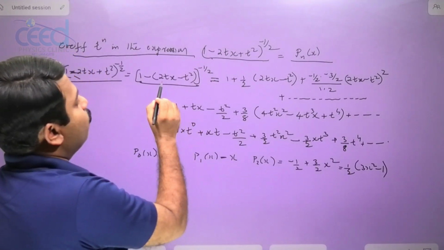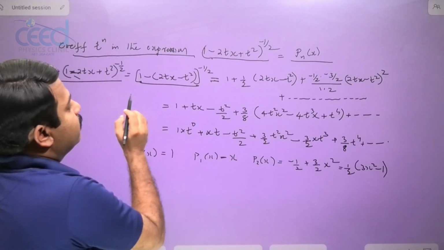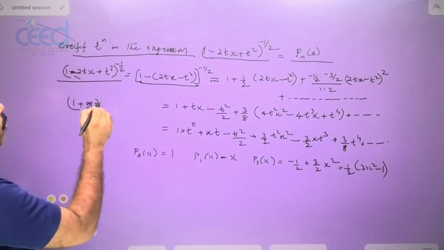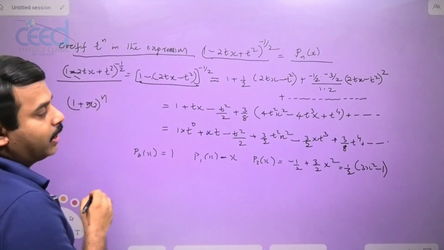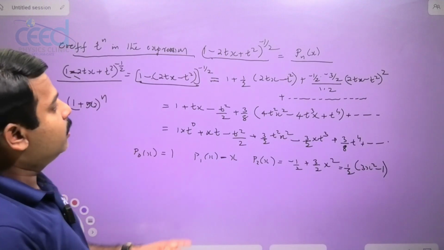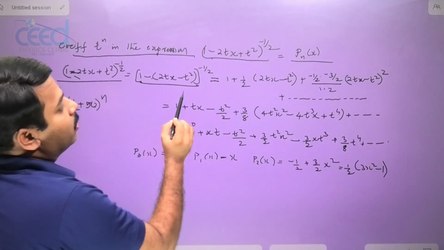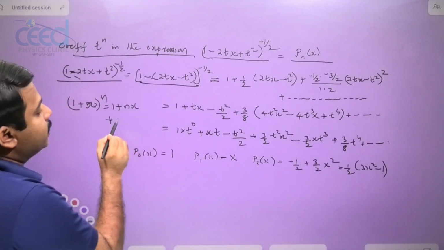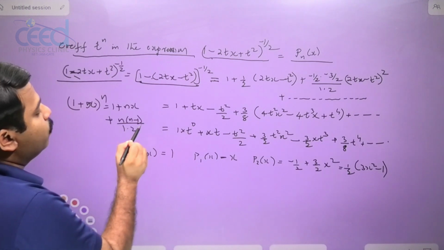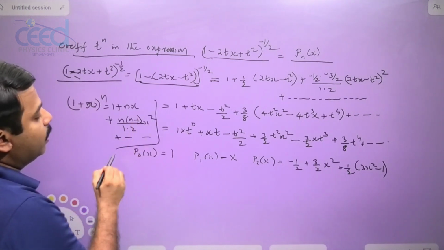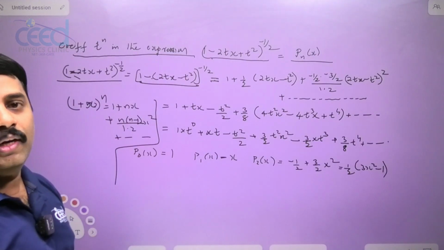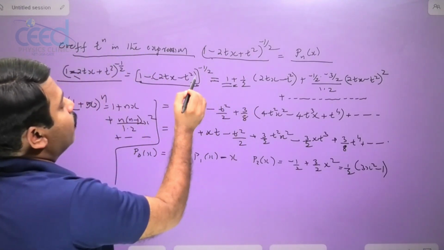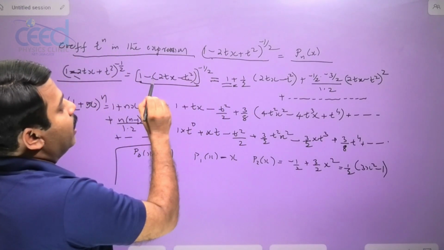Now this I can write as 1 plus x all raised to n format, but here it is minus x only, right. So plus minus of this. Look here, what is this expansion? 1 plus nx plus n into n minus 1 by 1 into 2 into x square plus etc. This is only the binomial series expansion, right. So here 1 plus, what is n, minus 1 by 2, into what is our x? This only, right.